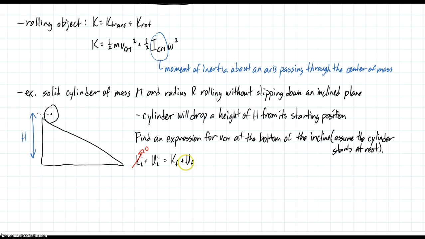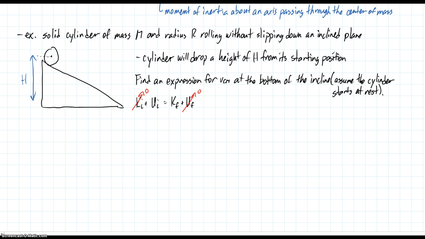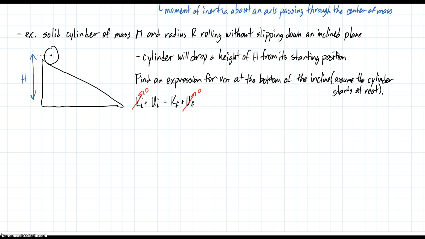When it gets to the bottom of the incline, that is a convenient place to set the gravitational potential energy to 0. And so just like earlier in the year for an object sliding down an inclined plane, we have the initial gravitational potential energy being converted fully into kinetic energy. However, here again we need to be careful that there are two terms to the final kinetic energy.